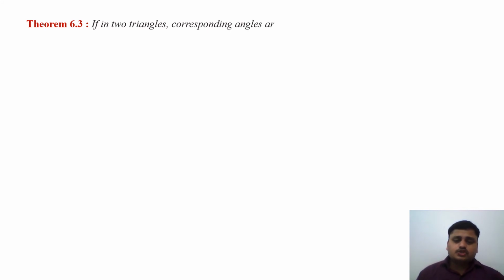In the previous lecture we studied the criteria for similarity. Now here some theorems are there. We will not prove all these theorems, we will just apply them, as their application is there in the exercises. That's why we will discuss each of the following theorems one by one. Theorem 6.3: this theorem deals with correspondence.